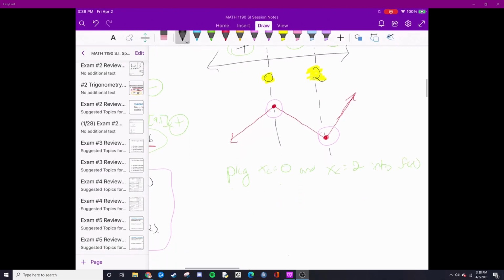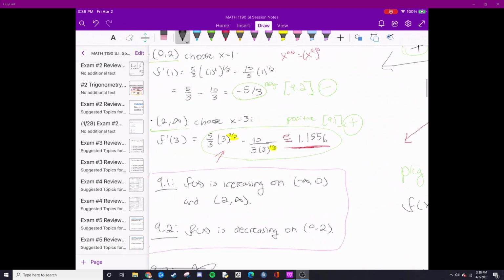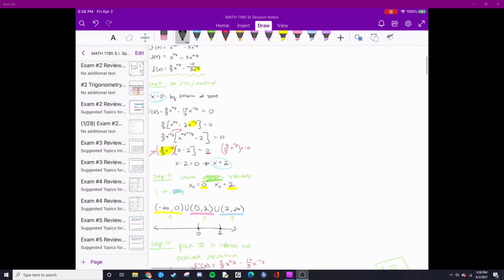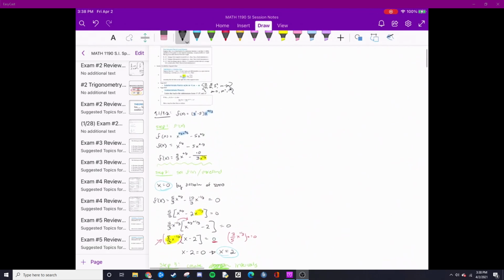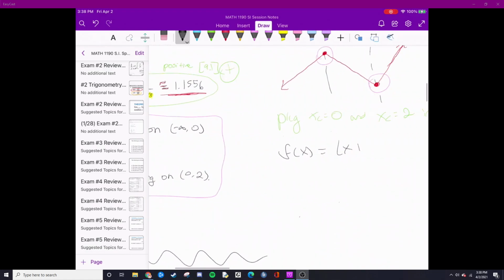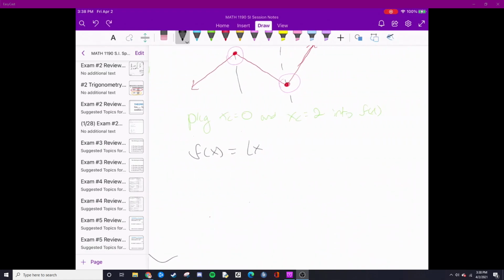All right, and our original f of x was x, it was x minus 5 or x plus 5? Sorry, I have to scroll up even further. It was x minus 5. All right. So it was x minus 5 times x to the 2/3.